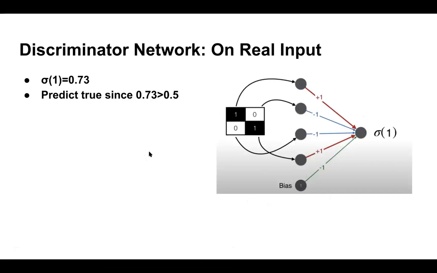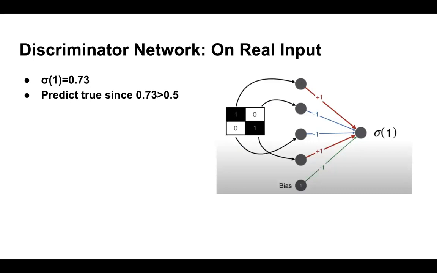Now let's first suppose that we have this discriminator network, and these are the weights. How did I get the answer 0.73? Let me walk through this example with you. This is a real face, in fact the so-called pure face for this purpose.